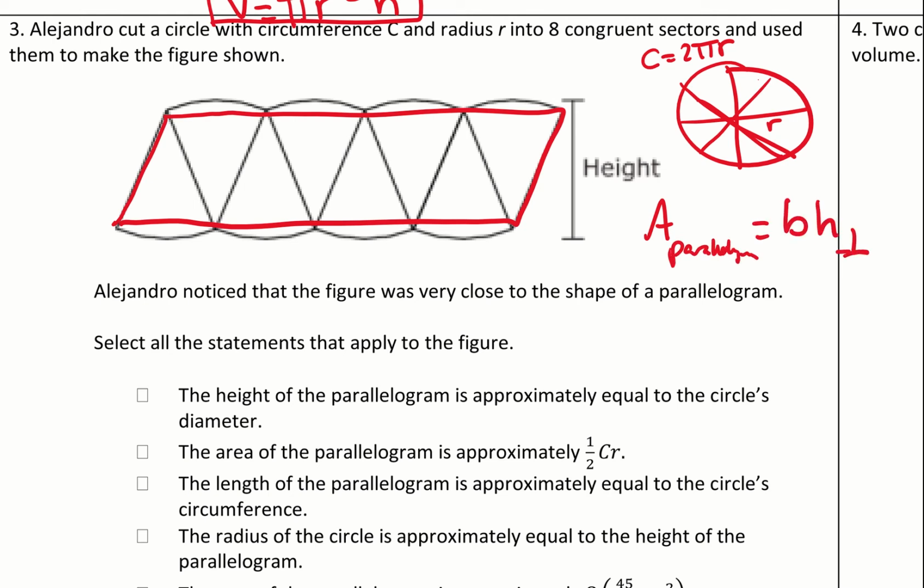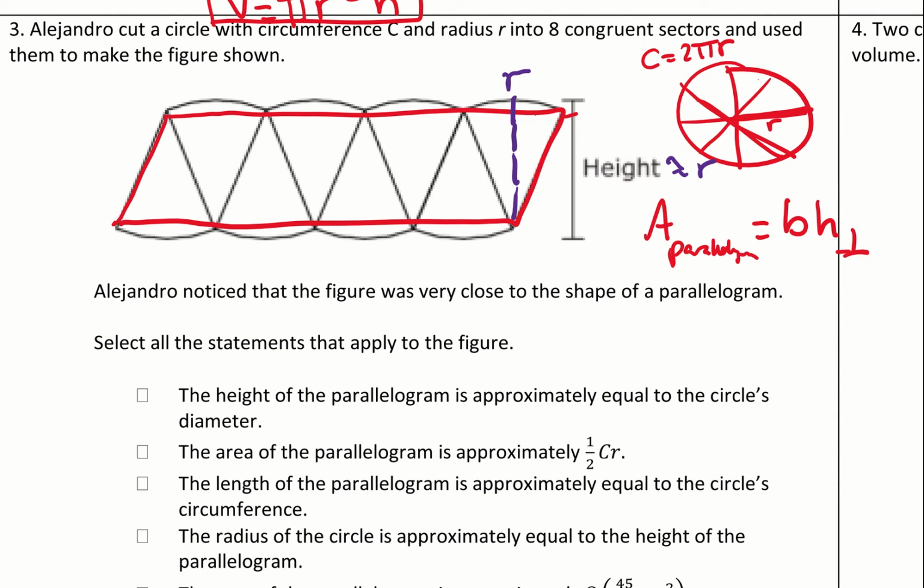The perpendicular height must be approximately the radius, because this is approximately the radius of the circle, that little sector there. So this right here is my radius, and that is approximately the height of the parallelogram. So we're going to say that the height is approximately the radius.